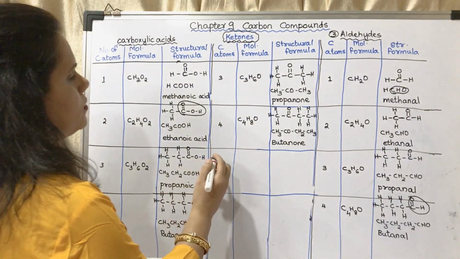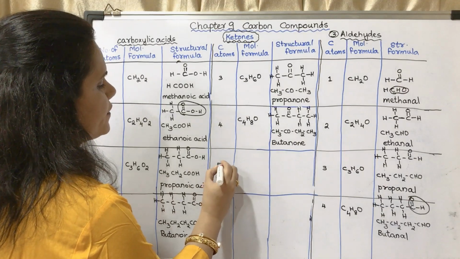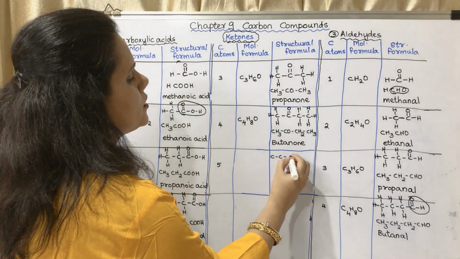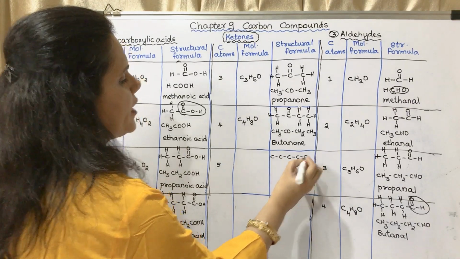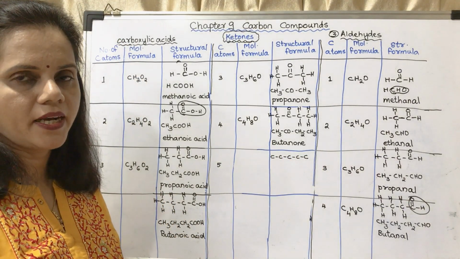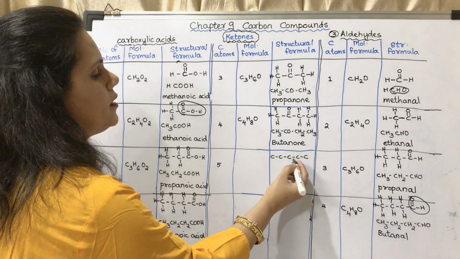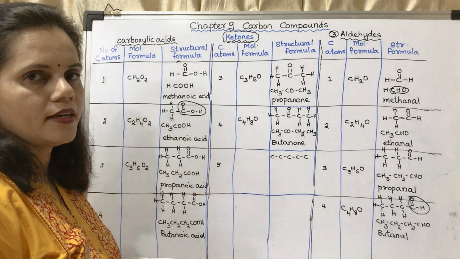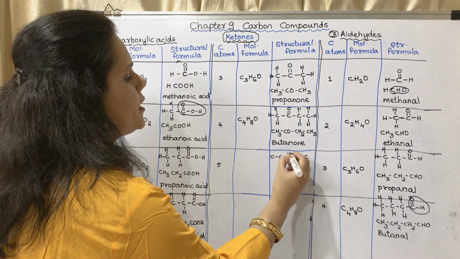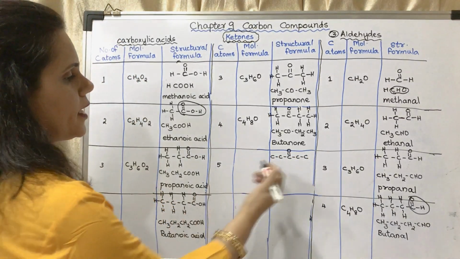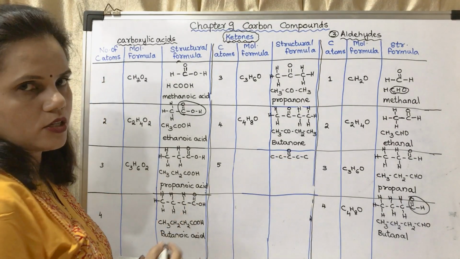Okay. Now the next is with 5 carbon atoms. 1, 2, 3, 4, 5. I have taken 5 carbon atoms. Now I can put the double bond either here, here or here. Anywhere I can put. I am putting it in the middle. I can write it here also, here also.